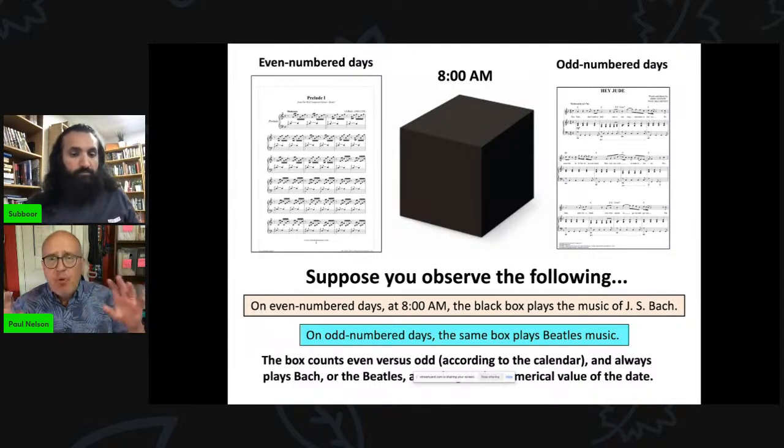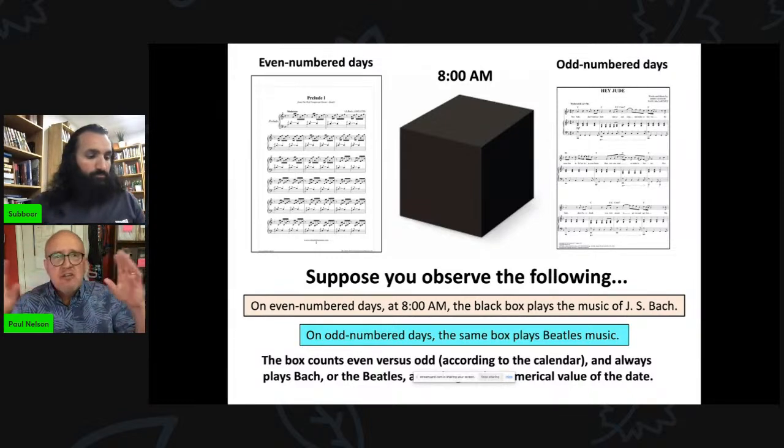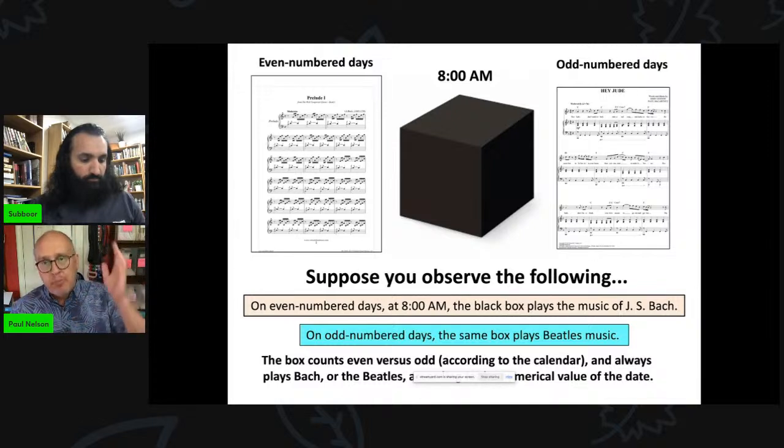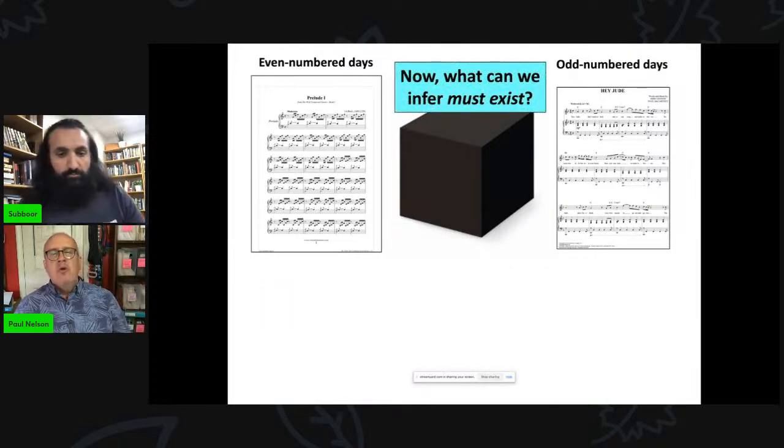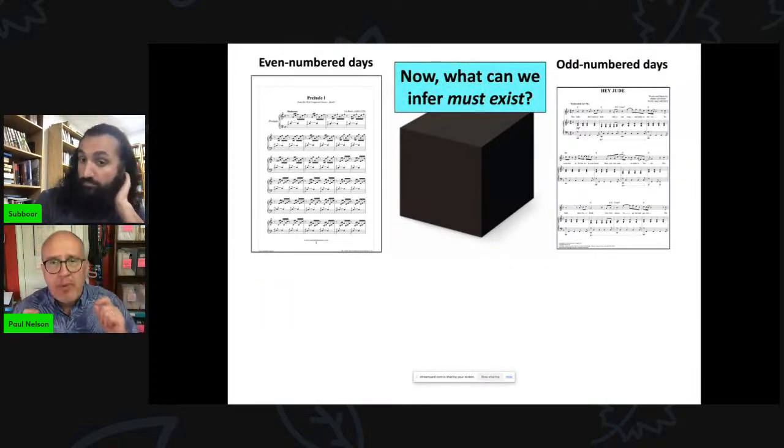So at this point, you're just observing this funky little toy that your friend gave you. You don't know how it works, but it obviously does, because you track it for, let's say, a month, and it always gets either Bach or the Beatles, depending on the calendar. Now, you haven't opened the box.